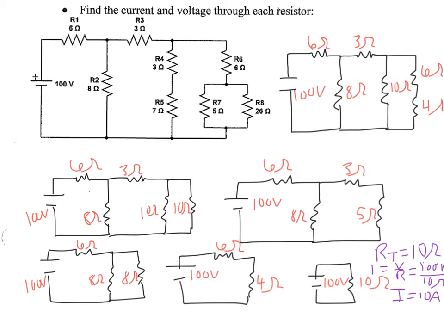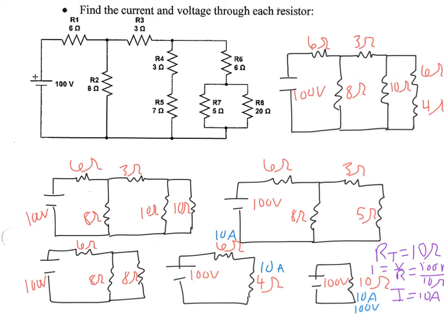So I know that this 10 ohm resistor has 10 amps of current and 100 volts. Now I use my voltage and current rules through series or parallel. Current is the same in series, so that means now moving backwards that there's 10 amps of current through each of these two resistors.